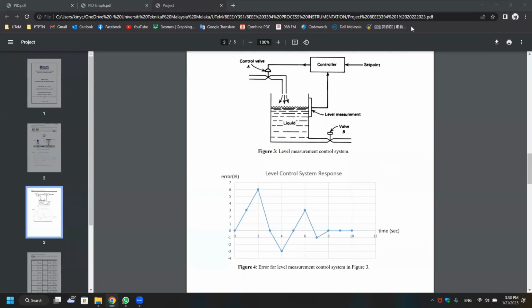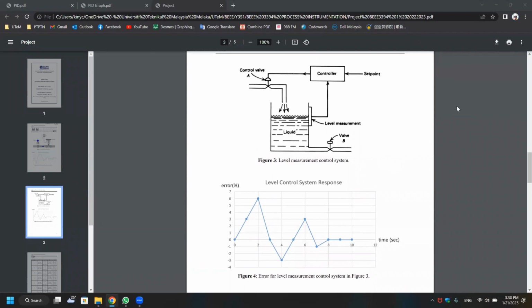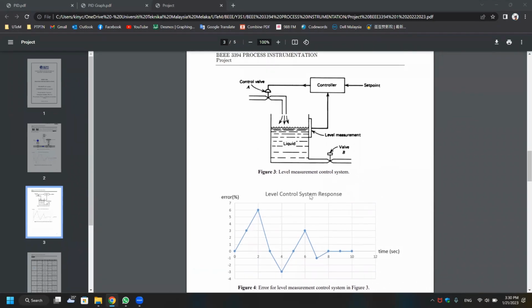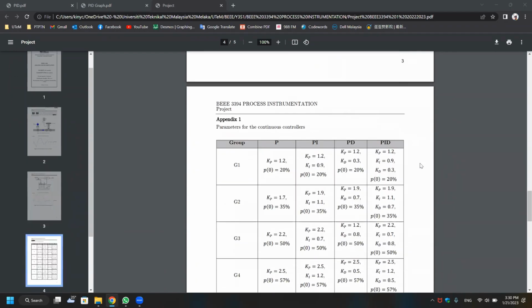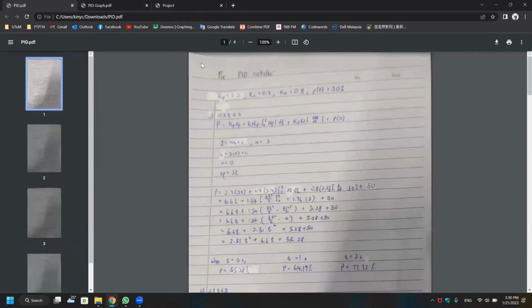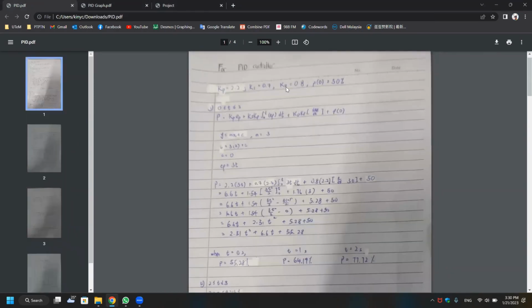Okay, good day. My name is Tang Ikin. I will proceed with my group 3 part, the level measurement control system for the PID, sorry. Okay, group 3 is the KP, KI, KD as in the appendix. For KP, KI, KD, I refer back to the appendix.